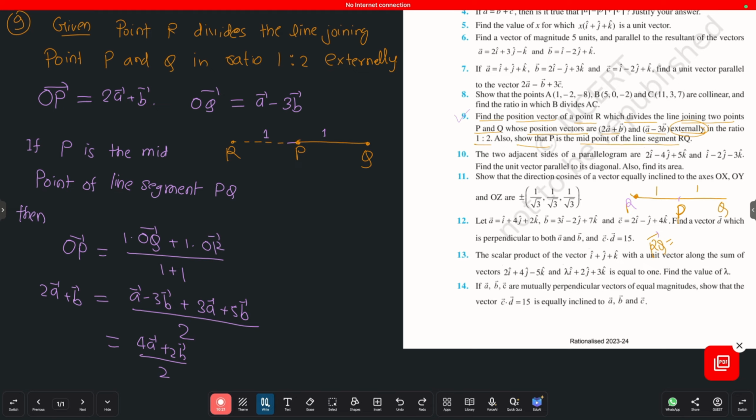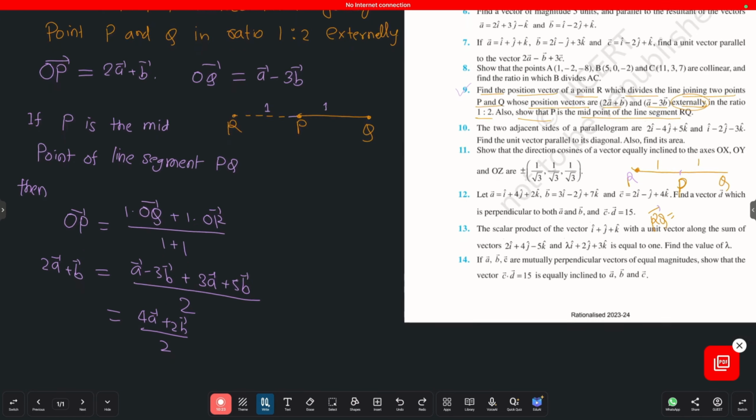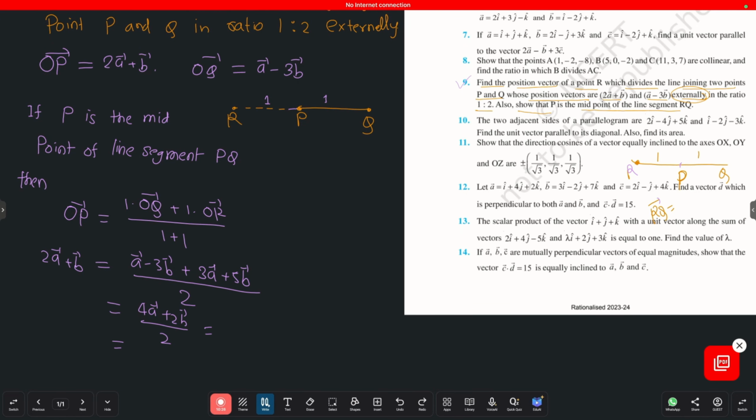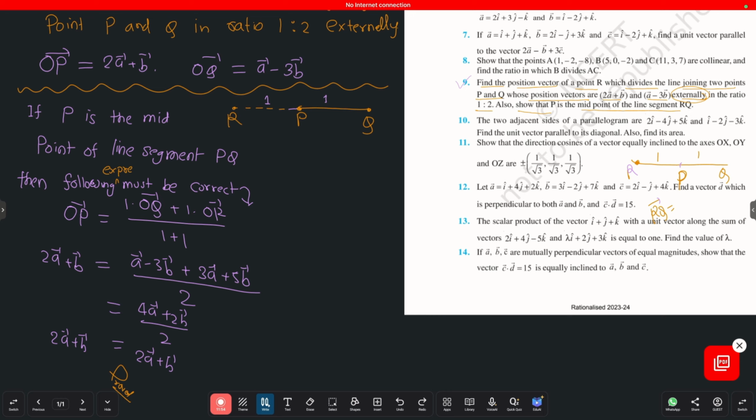So 2A plus B vector. The same is coming. Yes, it is true. Hence proved. So if P is the midpoint of the line segment, this expression must be correct, and it is correct.